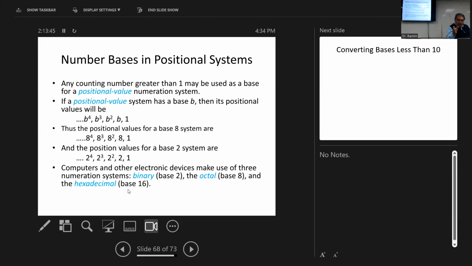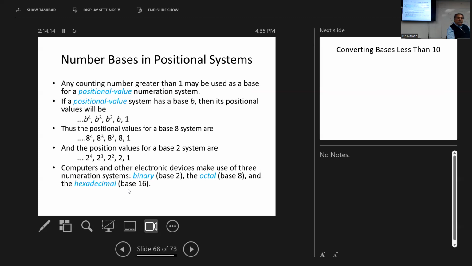The very first position is b to the power of n minus 1, which makes it 0, so you always get 1. Then the second position is b to the power of 1, and it keeps going on: you just use 1 less than the position. The third position is b to the power of 2, the fourth position is b to the power of 3. So if the number system base is 8, that's what you get.